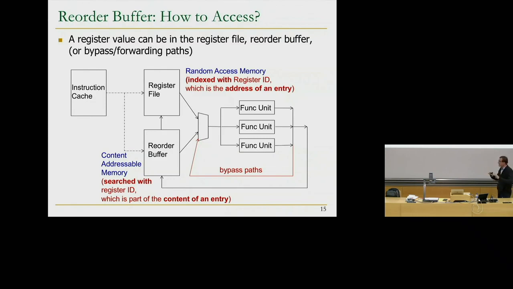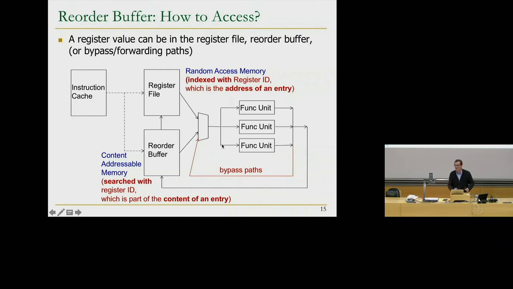But you need to have an ordering over here also, because the value may actually come from the bypass path. The R3 may be here, but it may not be produced yet. It may not be valid yet. There might be another instruction that hasn't written to it. So then you actually get it from the bypass path. And if there is no instruction that's writing to R3 inside the reorder buffer, and if there is no instruction that's executing over here that's writing to R3, then you get the value from the register file. So a value can be present in different places, as you can see.